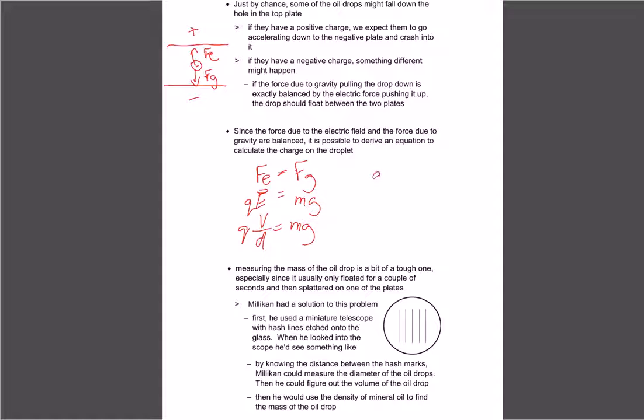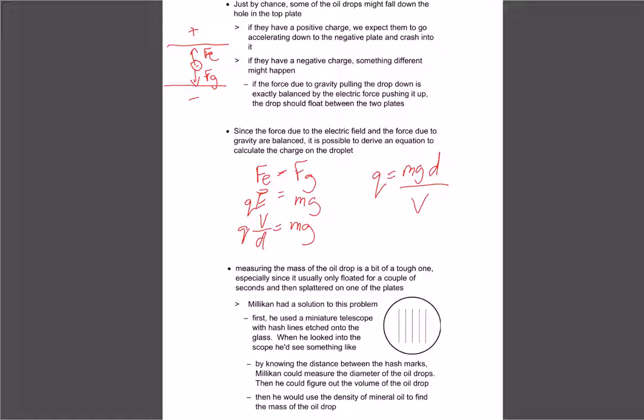So basically he worked with mass times gravity times the distance between the plates divided by voltage. The idea was, could he figure out the charge on the droplet just by rearranging these formulas?